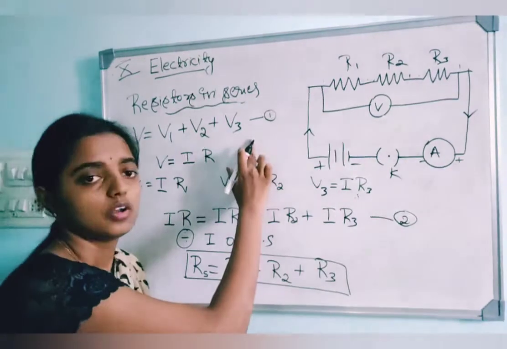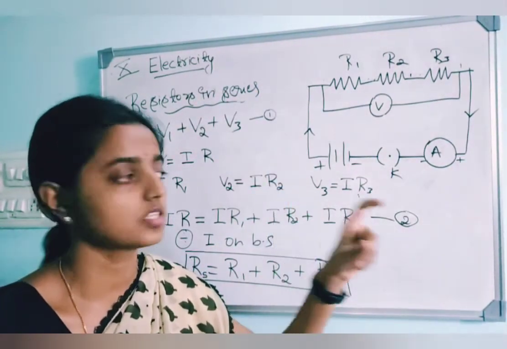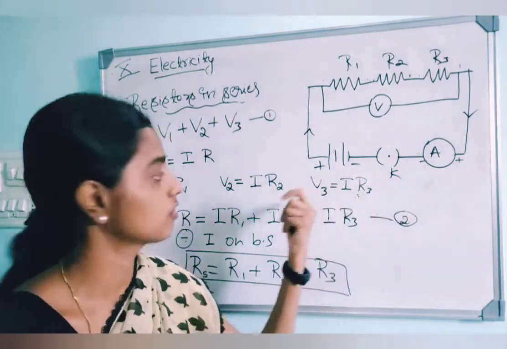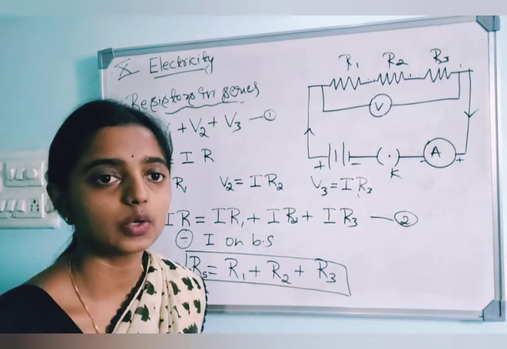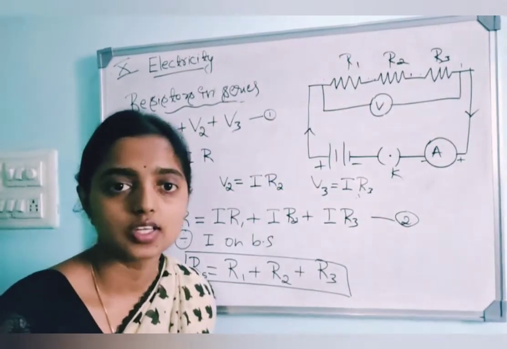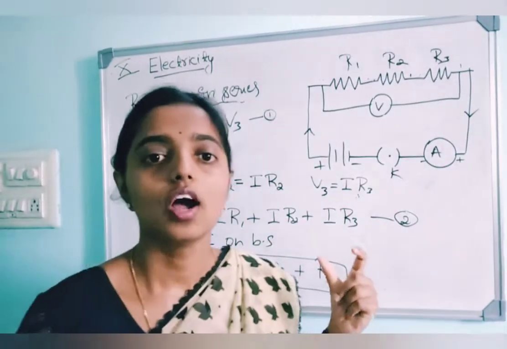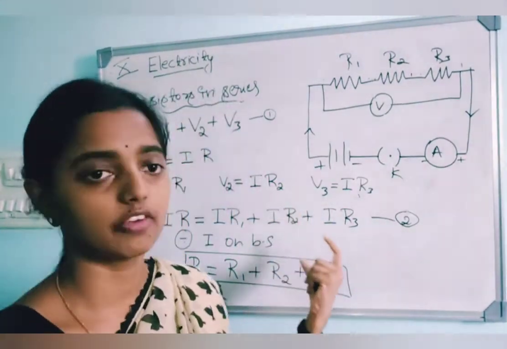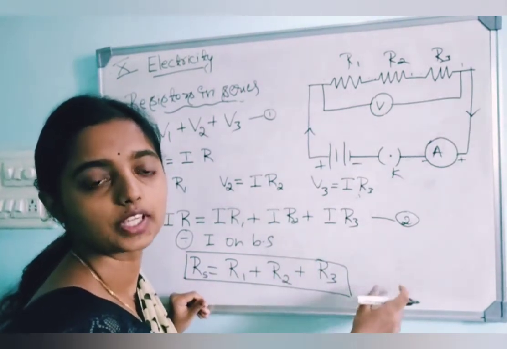Then write 2 to 3 lines of explanation about what we discussed: the ammeter, the constant current and the different values of potential difference. Then start with the equation V is equal to V1 plus V2 plus V3, and next from Ohm's law take V is equal to IR, then substitute each and every term until you get this final equation. Clear?